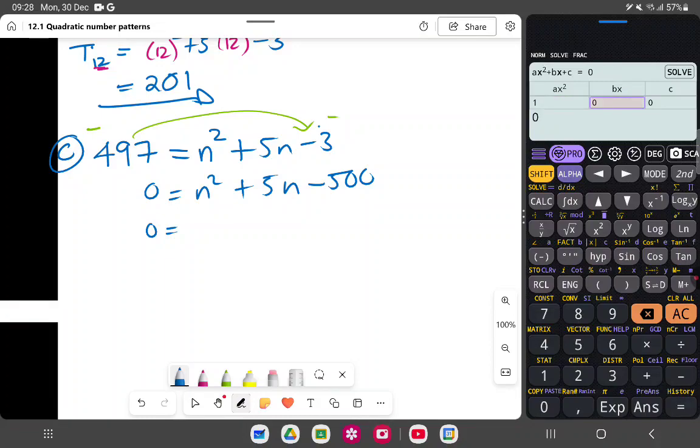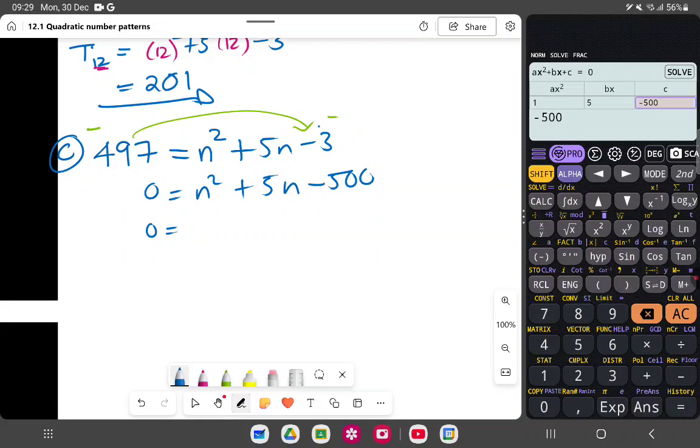The value for B is 5. So 5 equals. And the value for C is negative 500. Negative 500 equals. Now I have put in the value 1x squared plus 5x minus 500. Awesome.